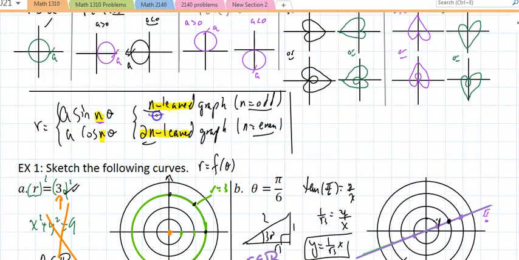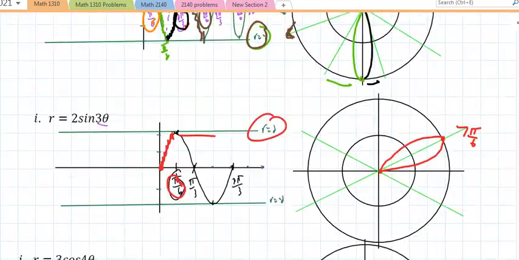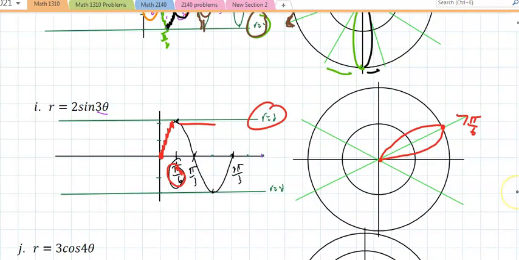Not only that, if I know I have the sine of 3 theta, it is going to have 3 leaves. If there are 3 leaves, they're equidistant, meaning I take the whole 2 pi and divide it by 3. That's the distance between each petal. So take the first peak, where this peaks. Take the pi over 6, add the 2 pi over 3. Why 2 pi over 3?